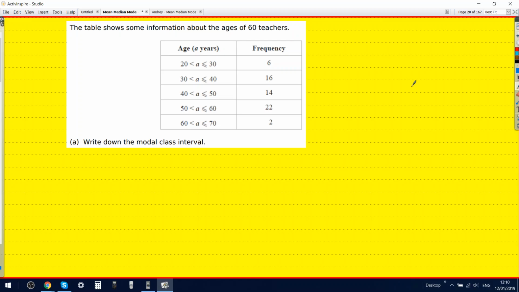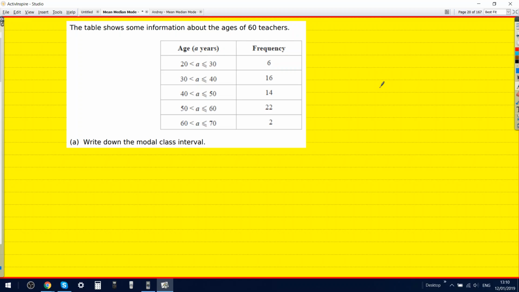This table shows some information about the ages of 60 teachers. Write down the modal class interval. Would it be 60? Why 60? Because the frequency is 22. Oh no. Would it be 50?